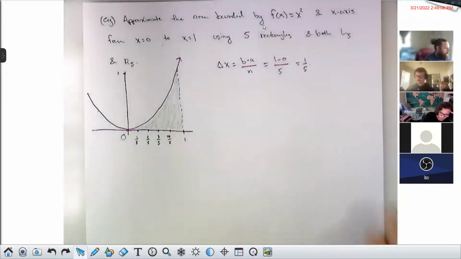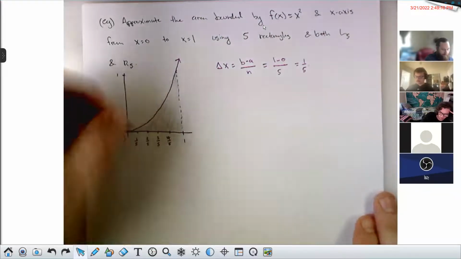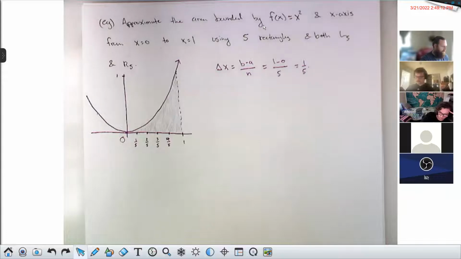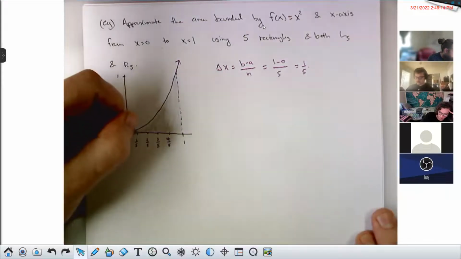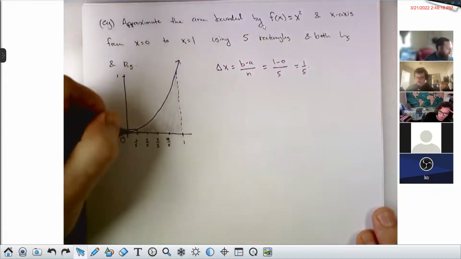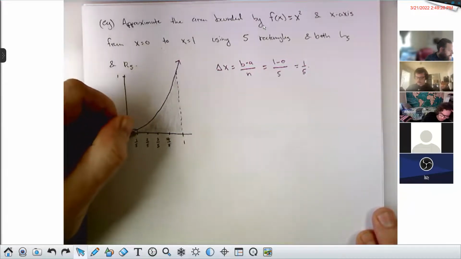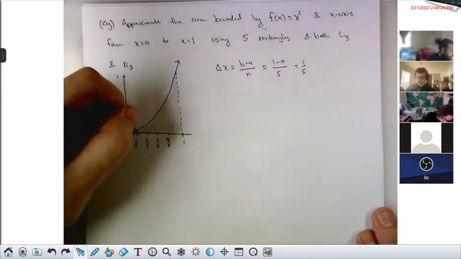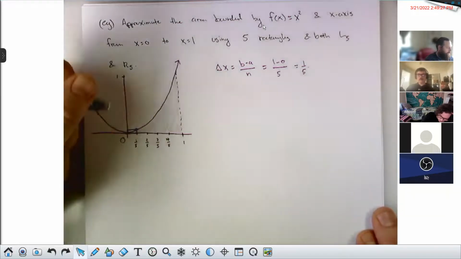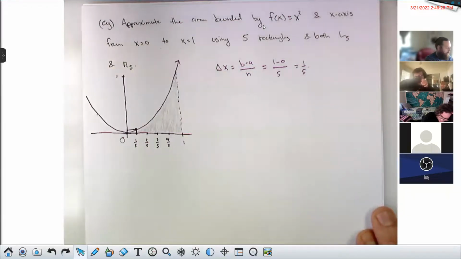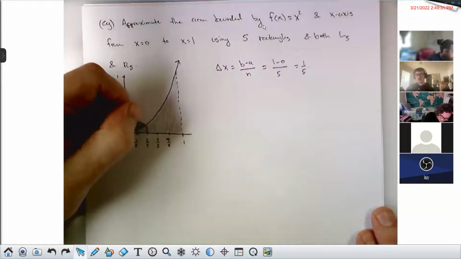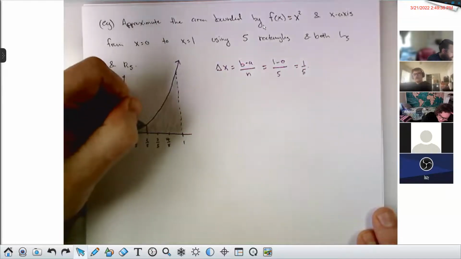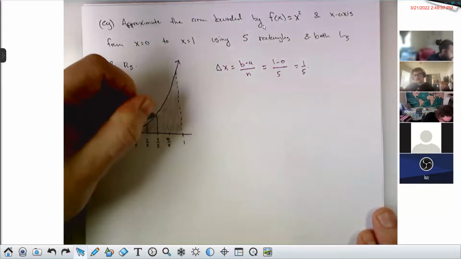Using the right endpoint Riemann sum, I can then draw in some rectangles. Maybe I'll switch to black for these for contrast. Here's my first rectangle. Height is determined by the value of the function at this right endpoint. My second rectangle. My third rectangle.